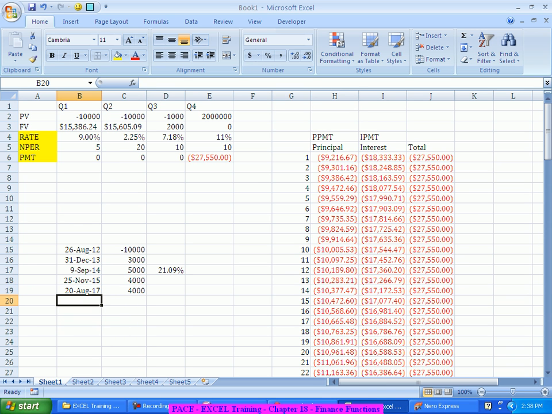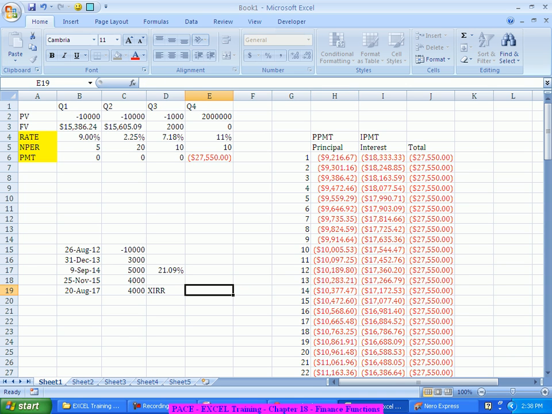Then a normal IRR cannot work. If they are all uniform time periods, then an IRR can work. But if they are completely different time periods where there is no uniformity, where the dates are completely different, the better formula to use instead of IRR is XIRR.